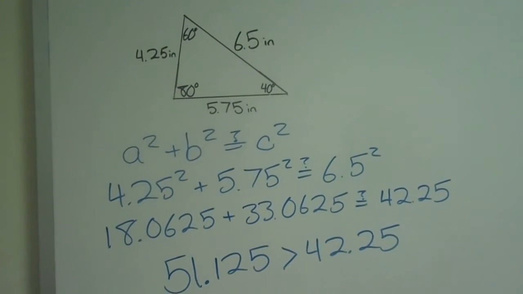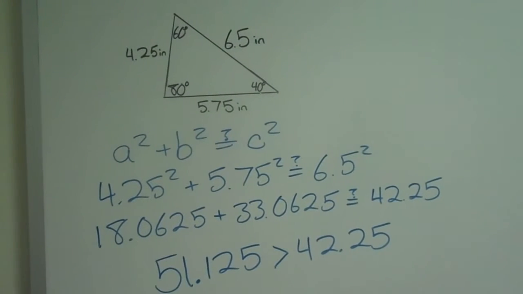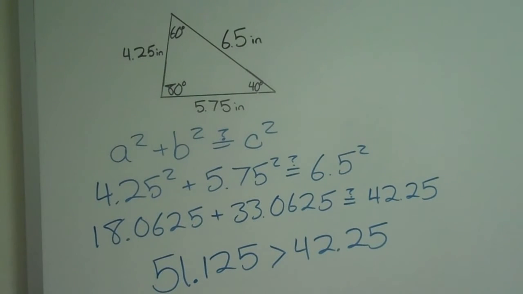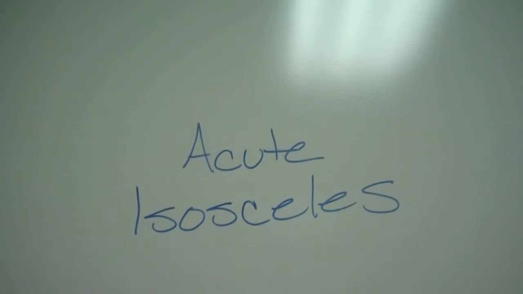By doing so, we have come to the conclusion that for this acute scalene triangle, a squared plus b squared is greater than c squared.